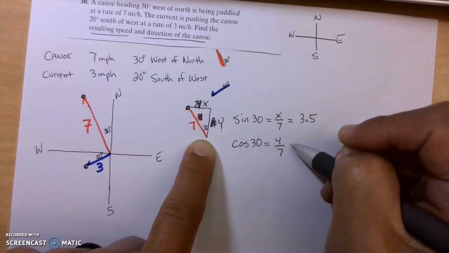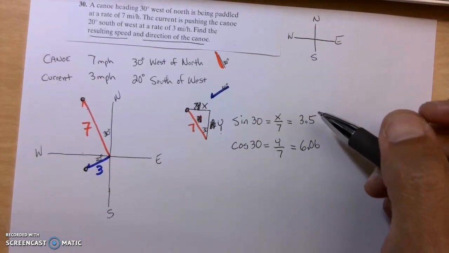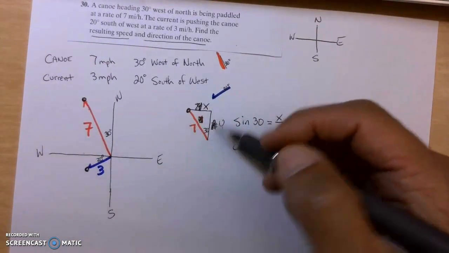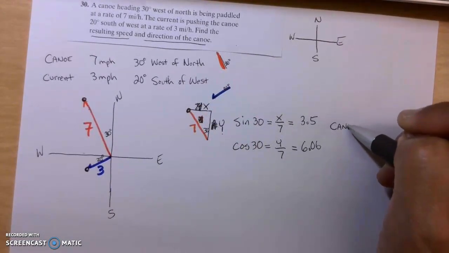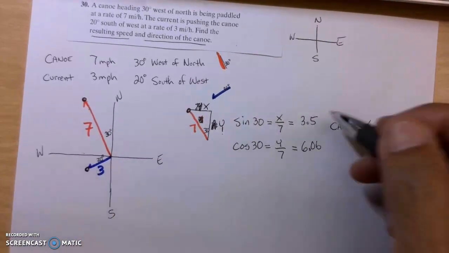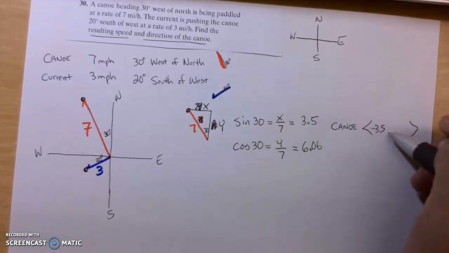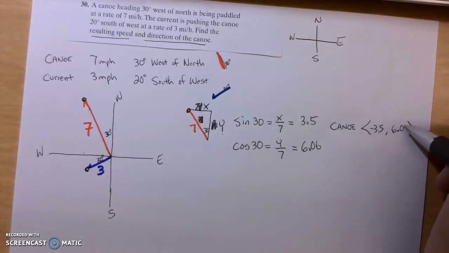Throw that in the calculator and you get 6.06. So, looking back here, this is the canoe. The ordered pair is X is negative 3.5, comma, positive 6.06.